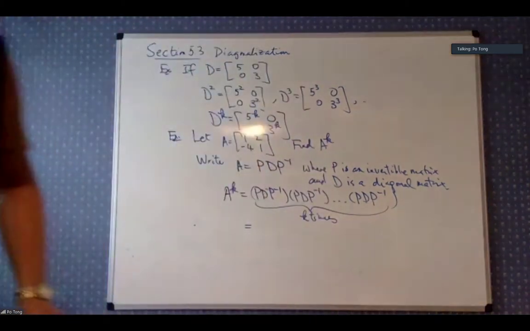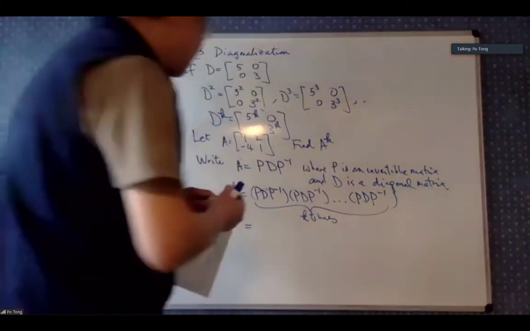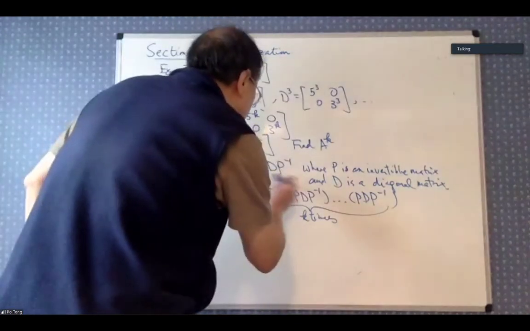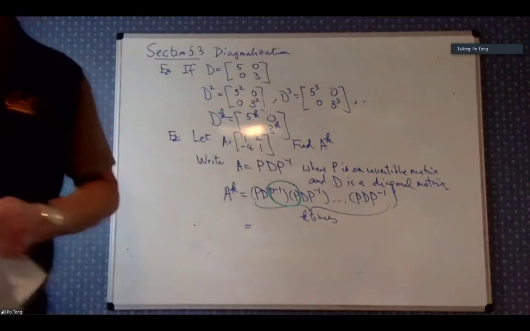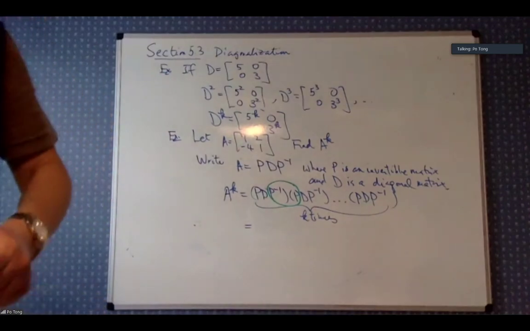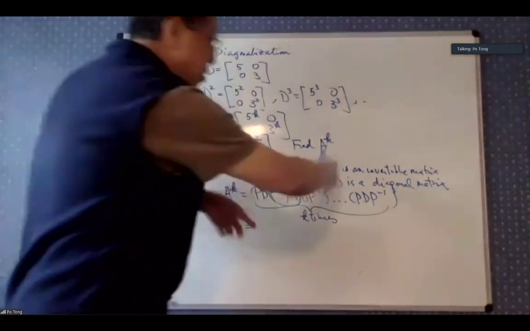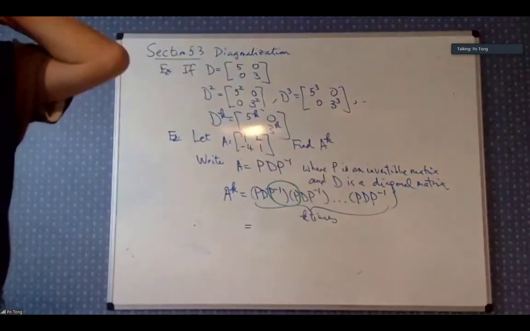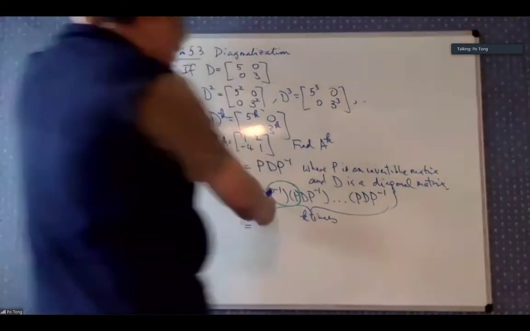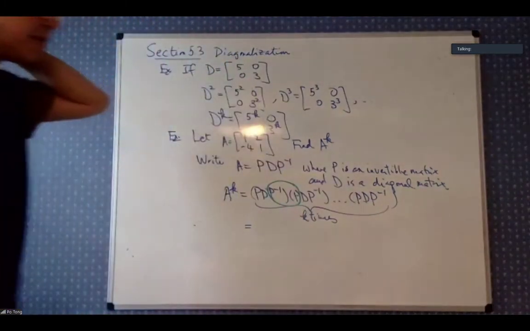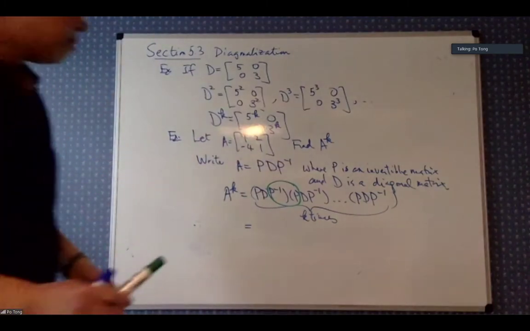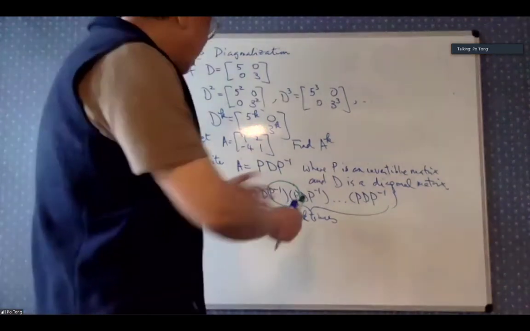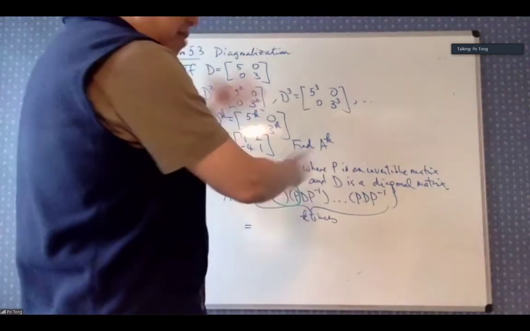Now I'm going to regroup this. What happened to P inverse times P? By the way, matrix multiplication is associative, so you can group it any way you like. You can do different brackets. Okay. So what is P inverse times P? That's I, identity. So identity times D will be gone with just D.